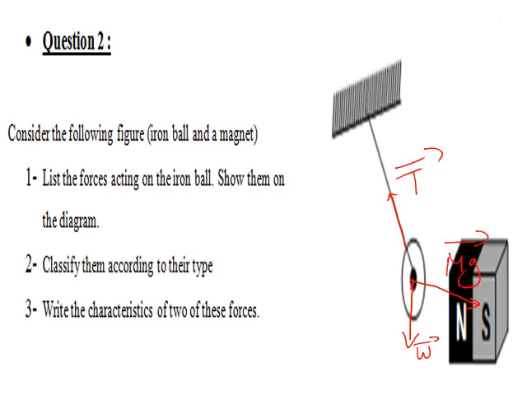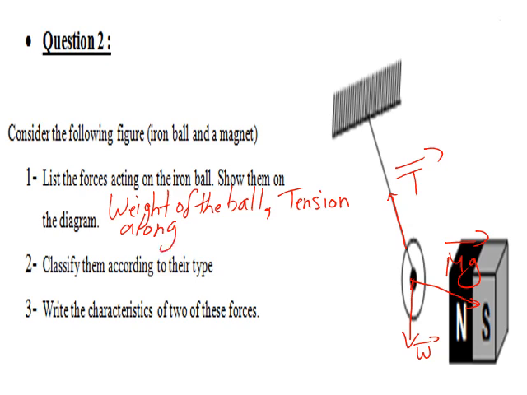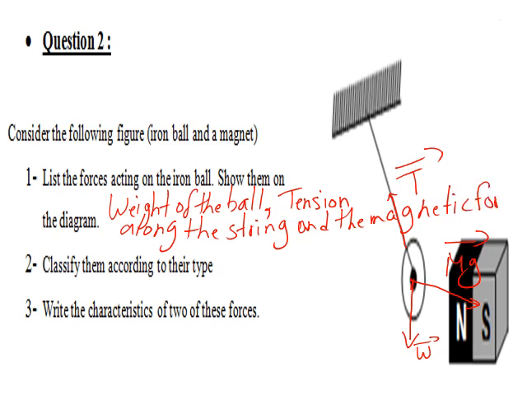So we have the weight of the ball, we have the tension along the string, and we have the magnetic force. According to their type, you have to classify them.